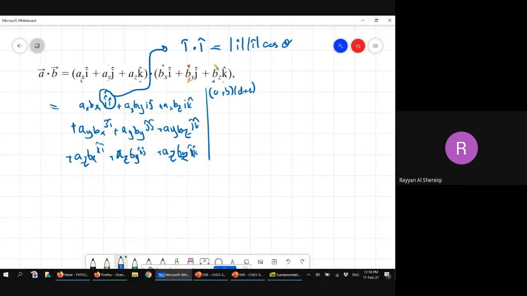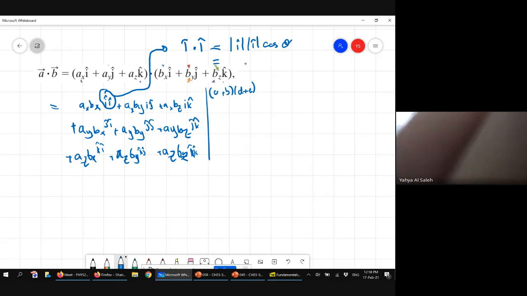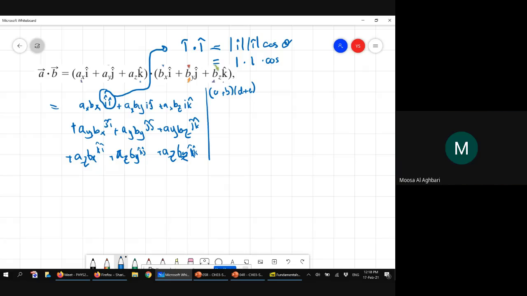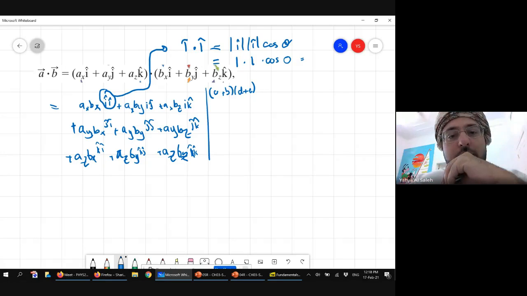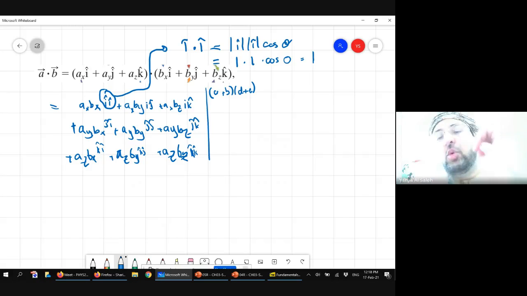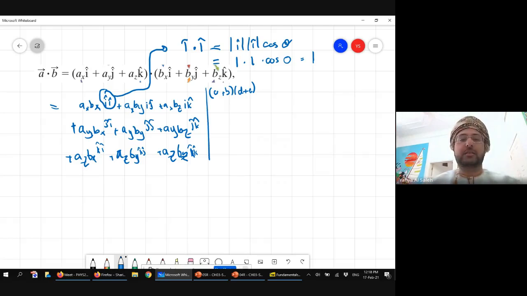From the previous lecture, the magnitude is 1. This is also 1. What is the angle between I and itself? 0. And cosine 0 is equal to 1. So I dot I is equal to 1 times 1 times 1, which is just 1.